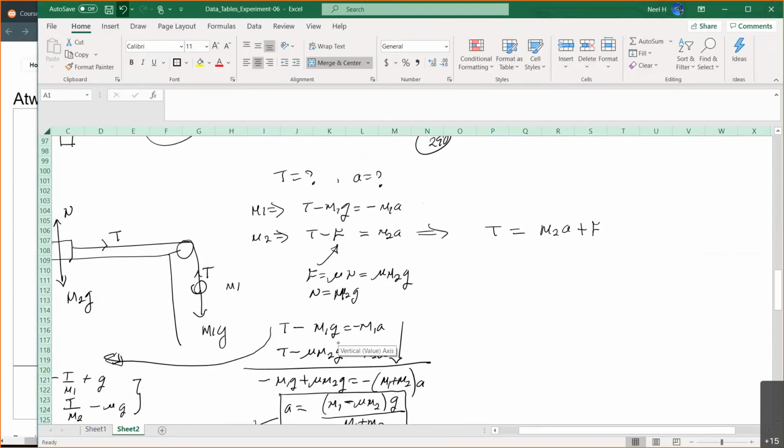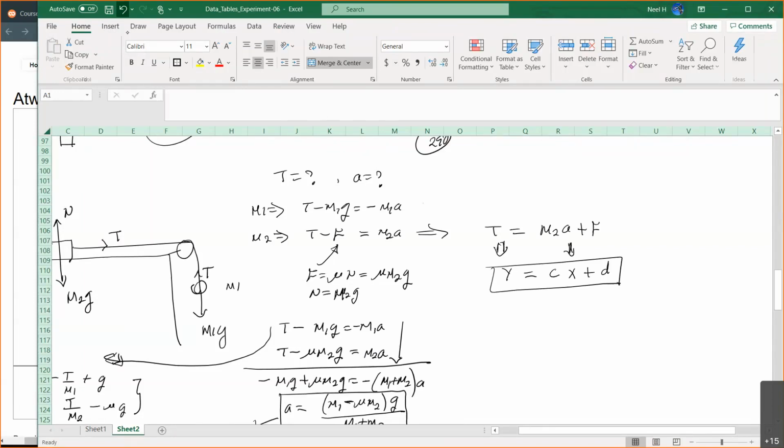Friction force is mu M2 times g, that is constant. That is not changing throughout the motion because kinetic friction now plays the role. If I put this tension force, found experimentally, on the y-axis, and acceleration on the x-axis, now your equation must be in the form cx plus d. That should be the equation.